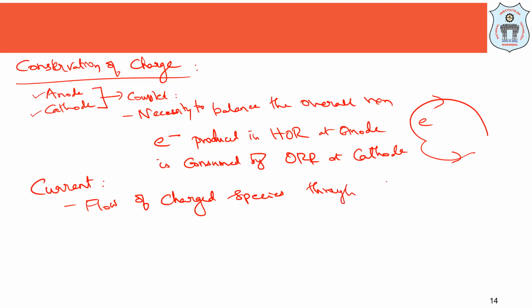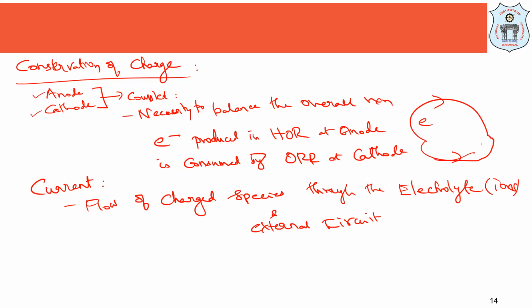H plus ions or OH minus ions pass through the electrolyte in the form of ions, either positively or negatively charged, and electrons pass through the external circuit. So the current is in the opposite direction to the electron flow.